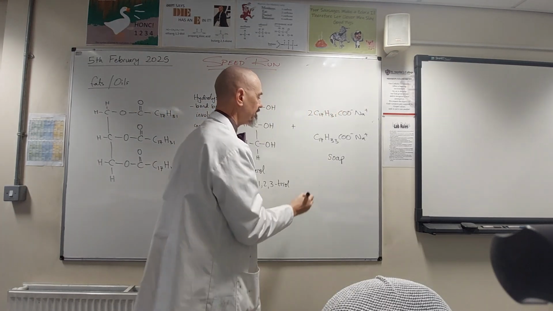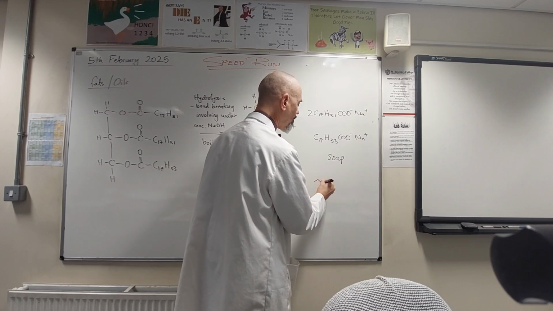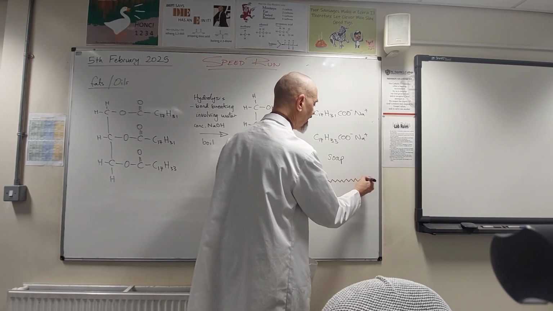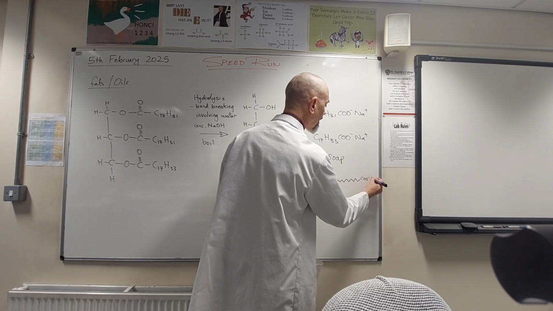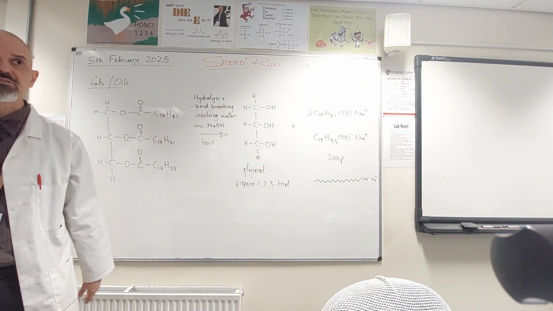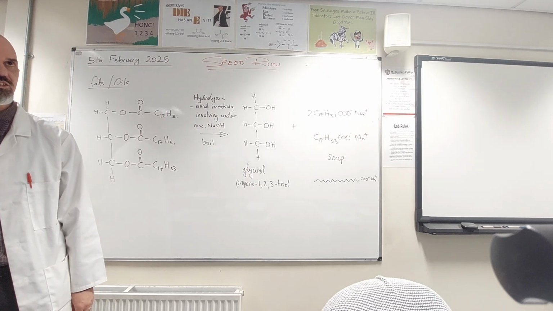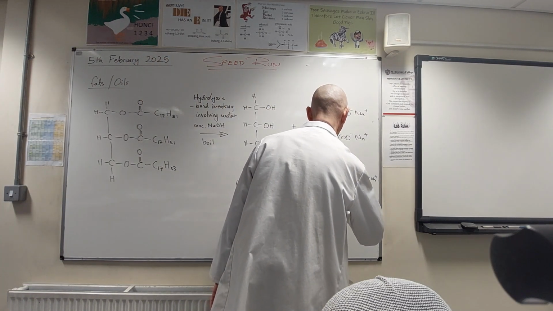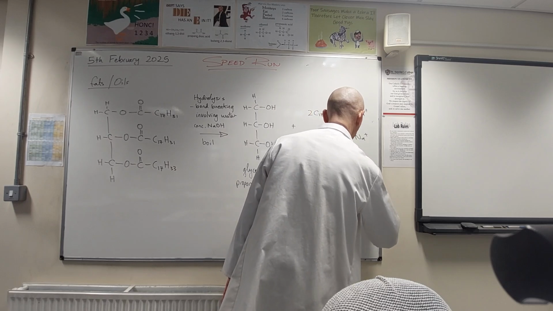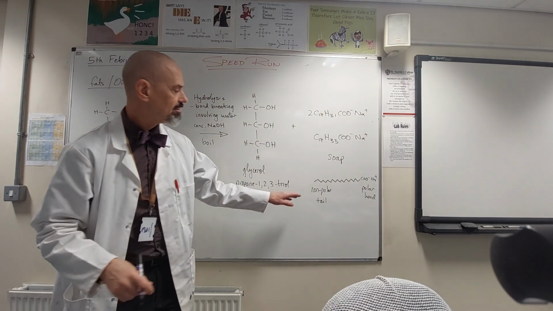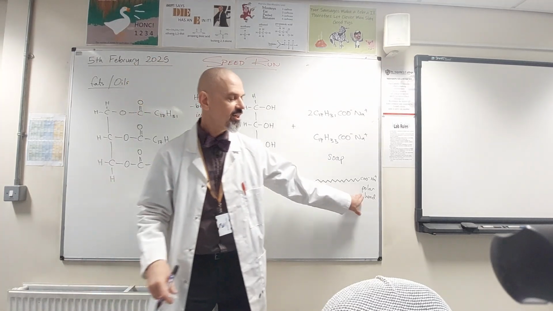So our soap molecules are very long carbon chains. You can imagine our long carbon chain here, and then on the end you've got a polar group, the acid salt group. So we've got a non-polar tail and a polar head, sometimes called hydrophilic.